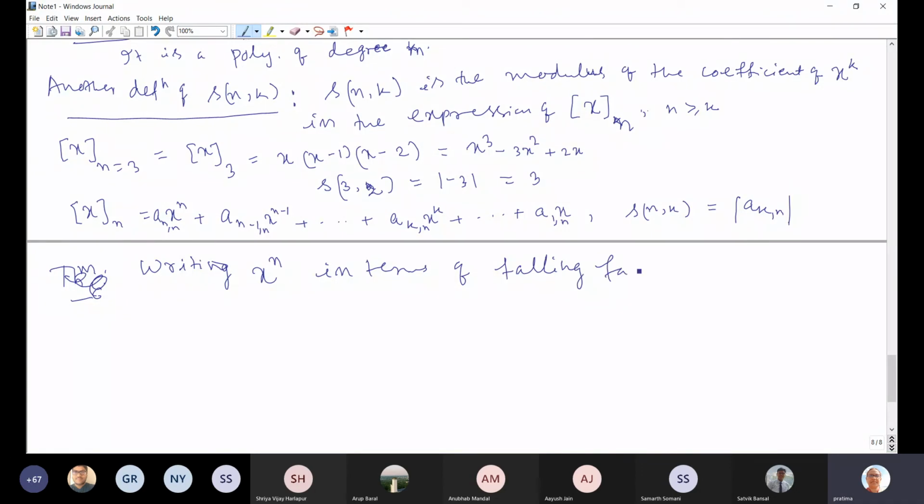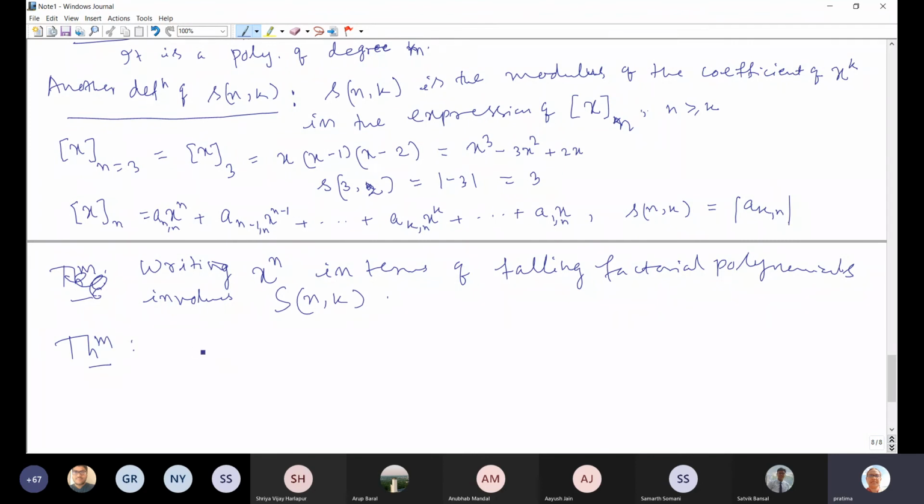Writing x^n in terms of falling factorial polynomials involves the Stirling number of second kind, and I will write the expression only.